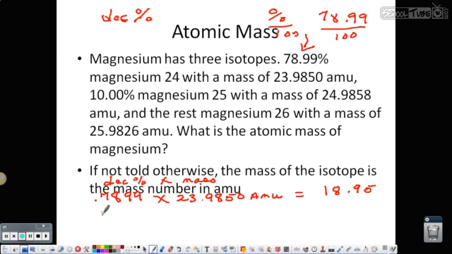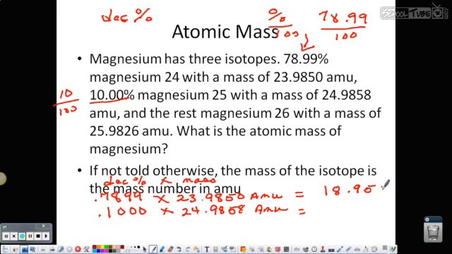Alright, then I have 10%. 10 divided by 100 is 0.1000 times 24.9858 AMU equals.